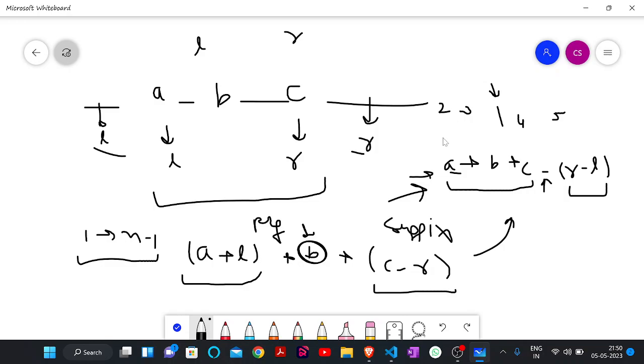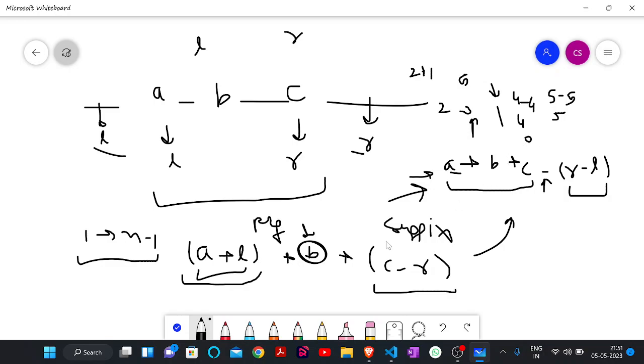I will choose whichever gives us the maximum A plus L. For this 2, it is 2 plus 1, because the value of L for this one is 1. And for 3 that is 2, so 3 plus 2 that is 5. So I will choose this one. Same for this side, but here I subtract: 5 minus the value of R, and 4 minus the value of R. Both are similar, so I can choose any.